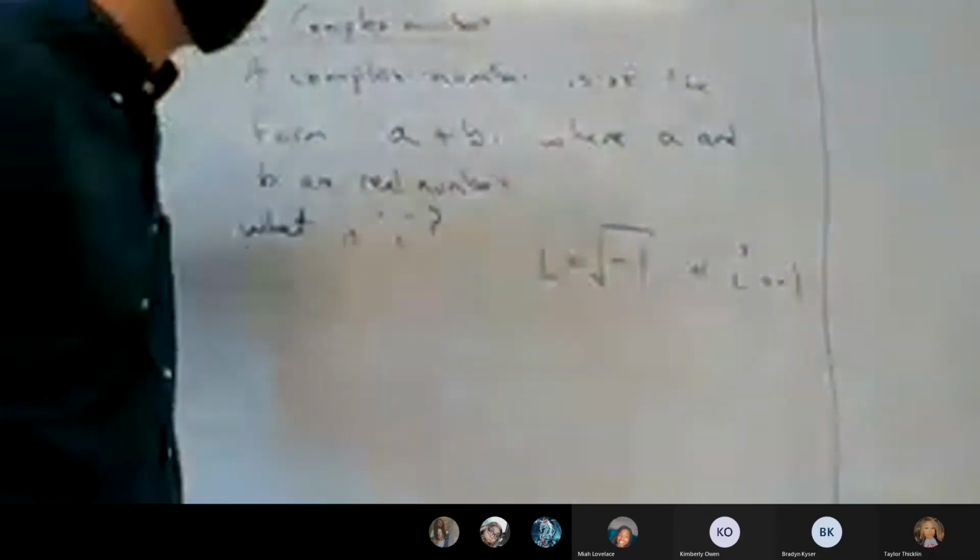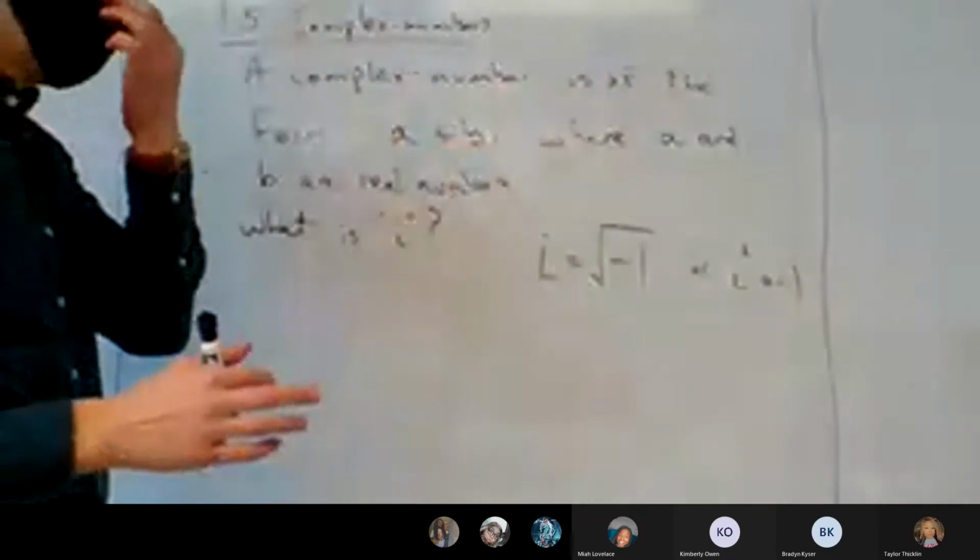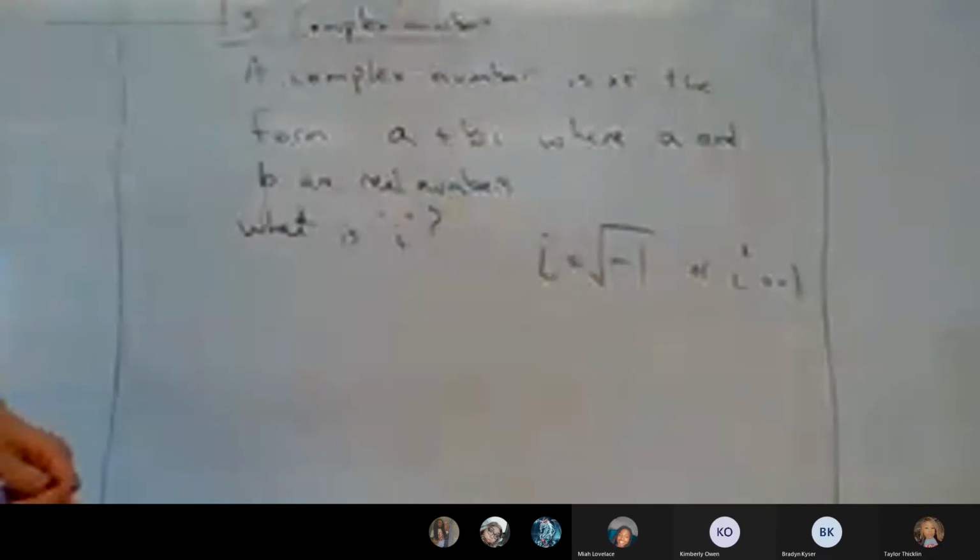Another way you might see it, if you look up what is i, someone might say i squared is -1. Which is another thing that doesn't make sense in the real numbers, right? Because if you square any number, it should be positive. But this is like saying, well, what if we identify this new number such that when you square it, you do get a negative. So this opens up tons of possibilities for us.